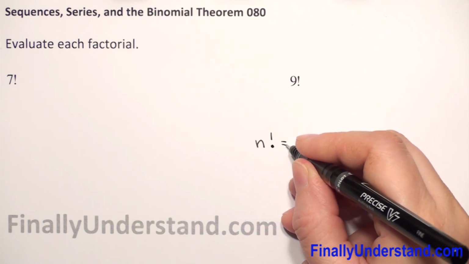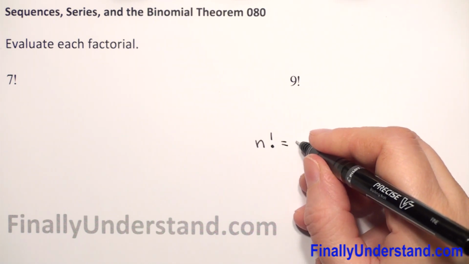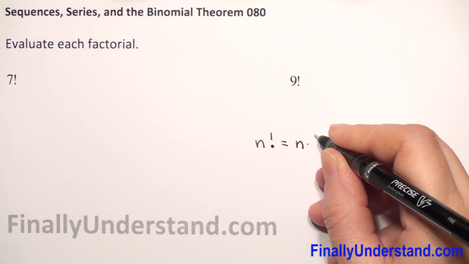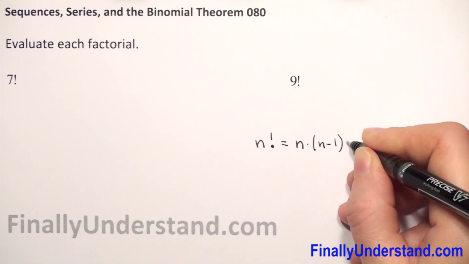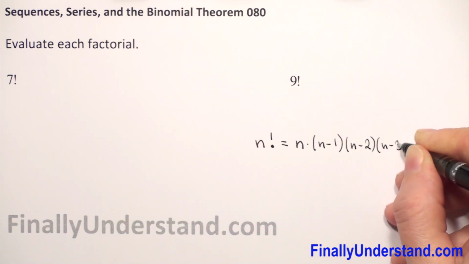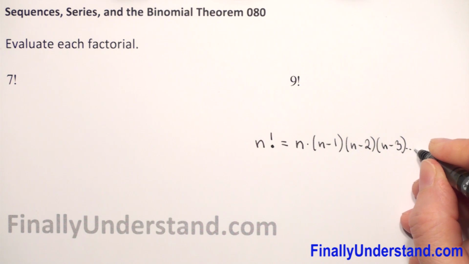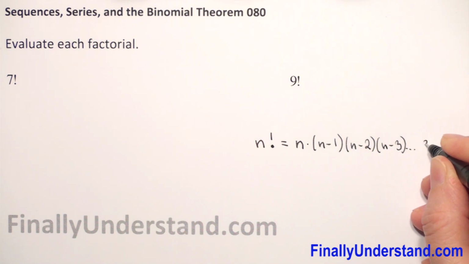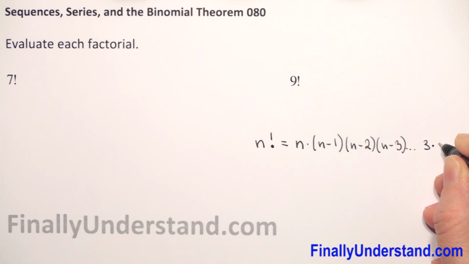So n factorial is equal to n times n minus 1, n minus 2, n minus 3, and so on, until we have 3 times 2 times 1.